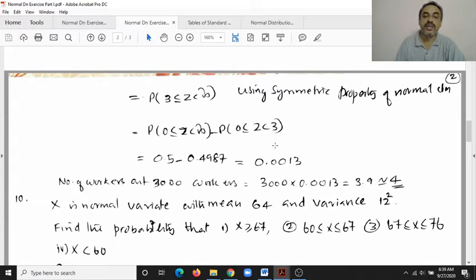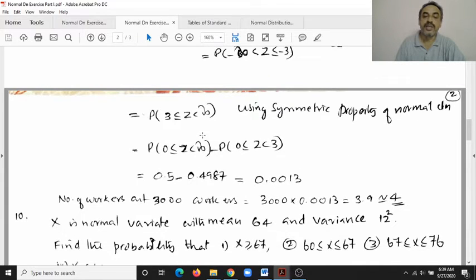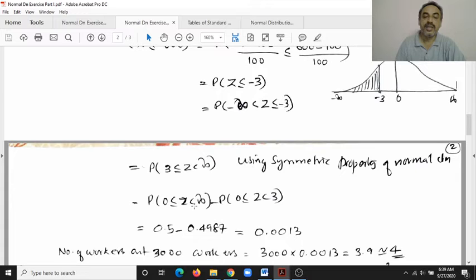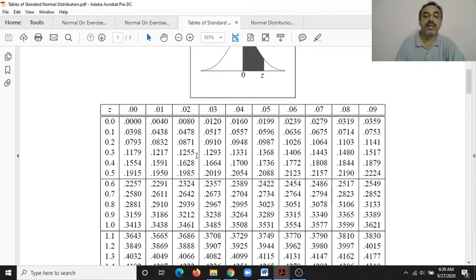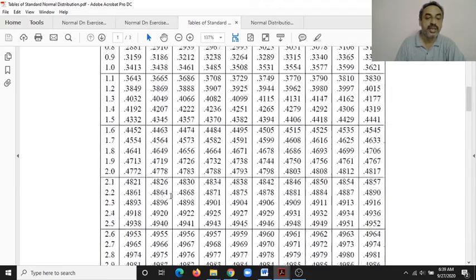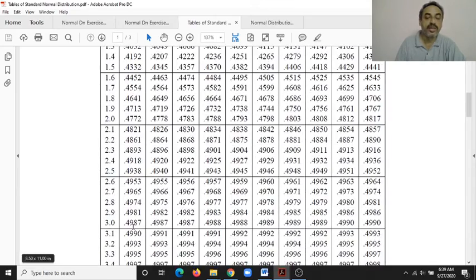In the tables, the area corresponding to 3.00 is 0.4987.